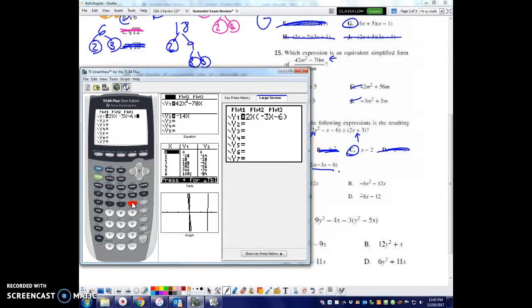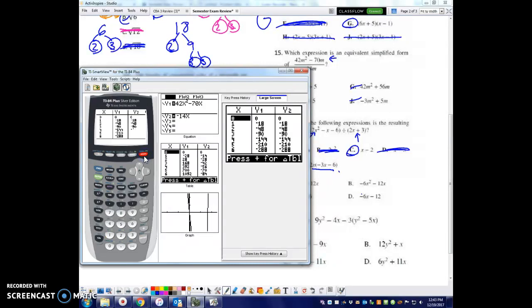Okay, now we'll type in our answer choices. So A is negative 6x squared minus 12x. Go to your table. Do they match? Yes, they do.